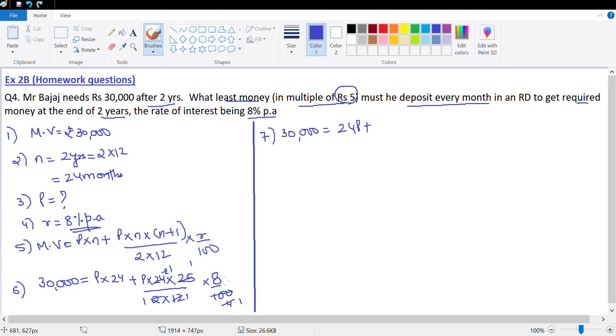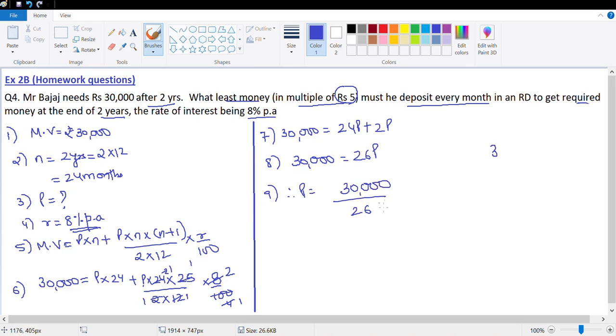So this is 4 into 1, 4 into 2. So this is 24p, and in the numerator I have p and I have a 2. So this is plus 2p, which means 30,000 is equal to 26p. Therefore, p is equal to 30,000 divided by 26.